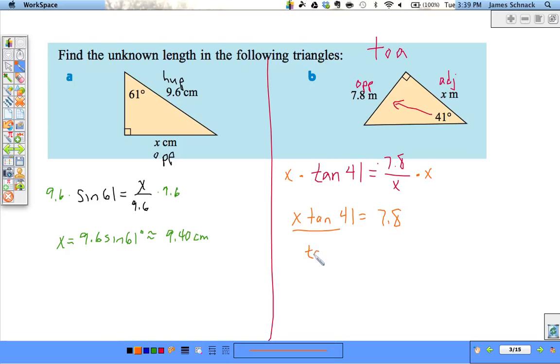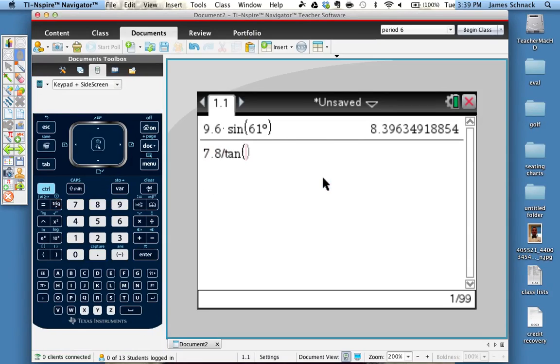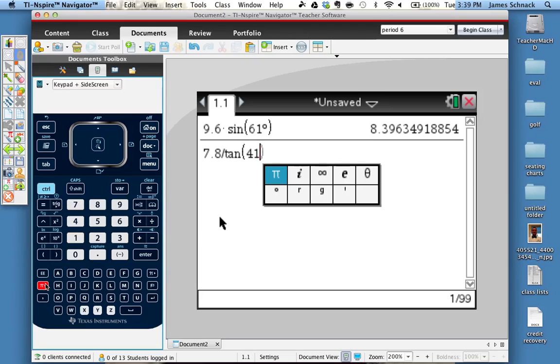Now we divide by the tangent of 41 degrees. So x is exactly 7.8 divided by the tangent of 41, or approximately, back to the calculator we go, 7.8 divided by the tangent of 41 degrees.